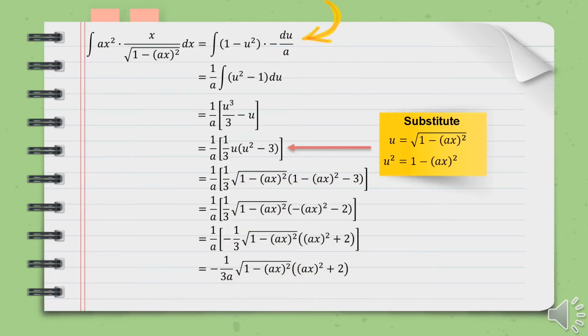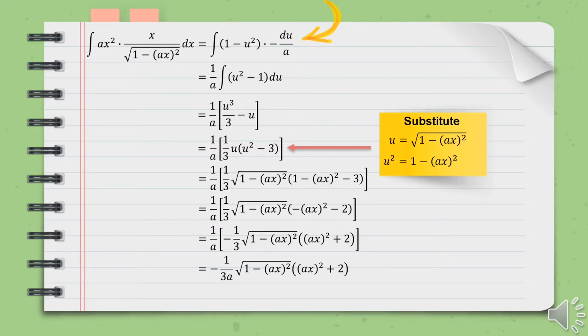After that, we need to change the equation in terms of u. So we will get integral of 1 minus u squared times negative du over a. Then we can put the constant in front: 1 over a integral of u squared minus 1 du.